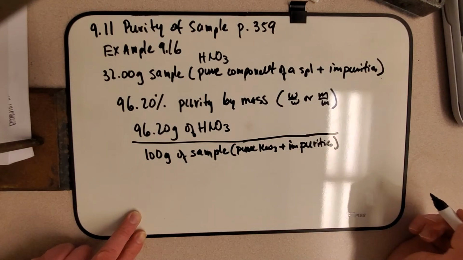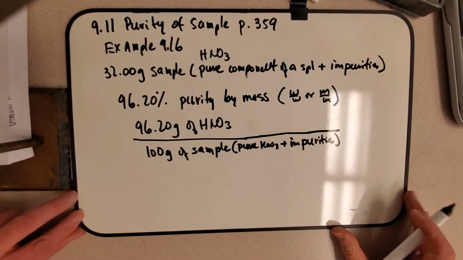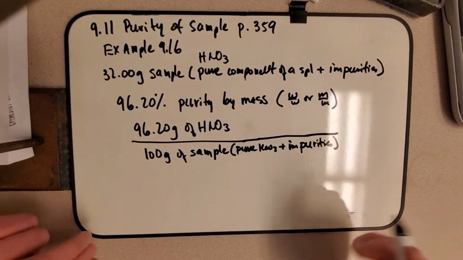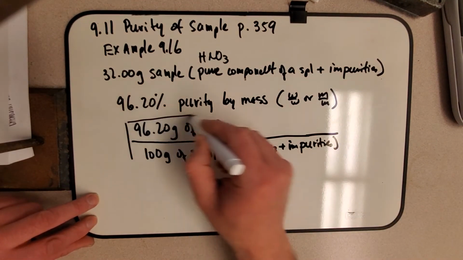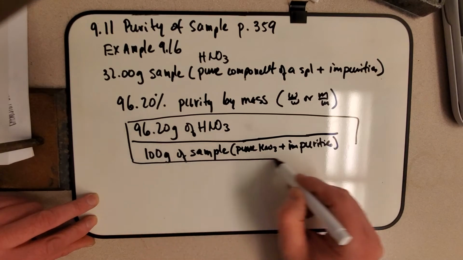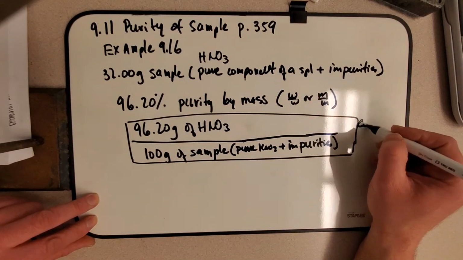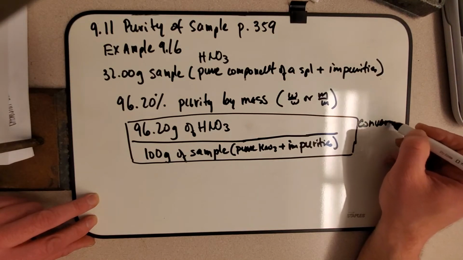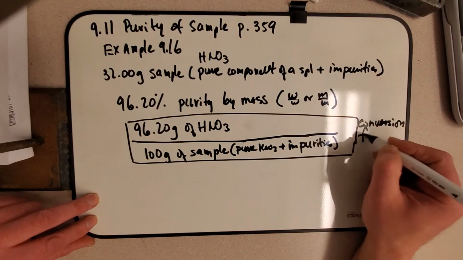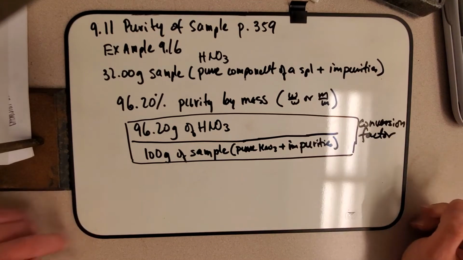Okay, now how do we solve problems with this given information? This is nothing else, as we learned before. Once you've got a ratio, one unit over the other, this is what's called a conversion factor.